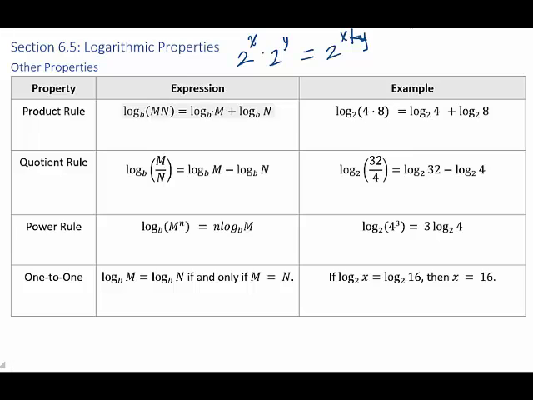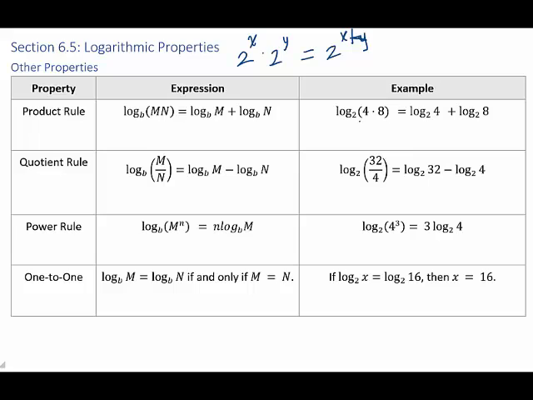Okay, well, we're going to try to show this property is true using a numerical example, and then I'll go into a little bit about the background behind it. Okay, so log base b of m times n is equal to log base b of m plus log base b of n. So what about log base 2 of 4 times 8?